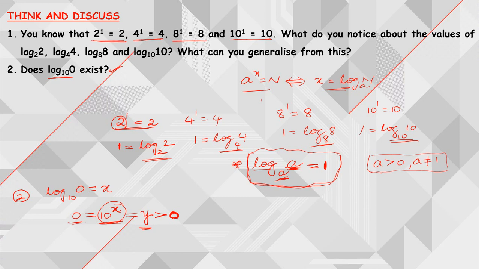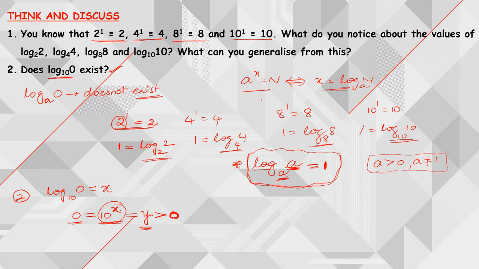You won't get 0 because my exponential graph will never meet the x-axis. So 10 power x will never become 0. Clearly, logarithm of 0 to the base 10 does not exist. So log 0 to any base does not exist.